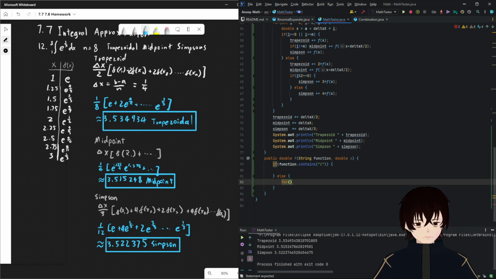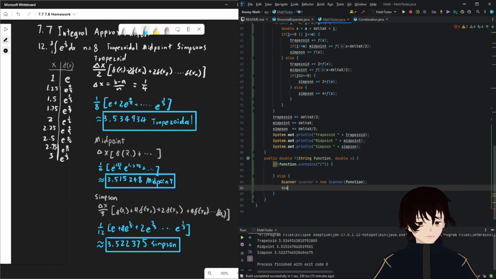Or I should probably be using a scanner. I don't know if I even remember how to use a scanner though. Oh, new Scanner. Scanner dot, what can I do here?